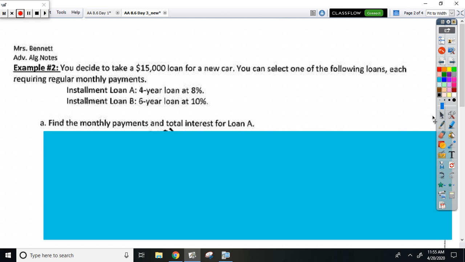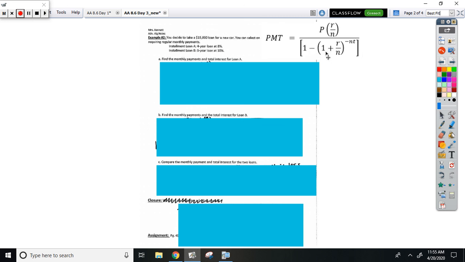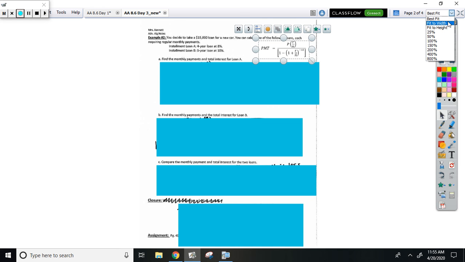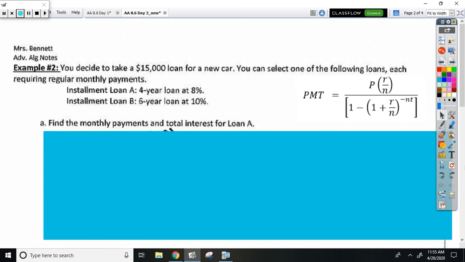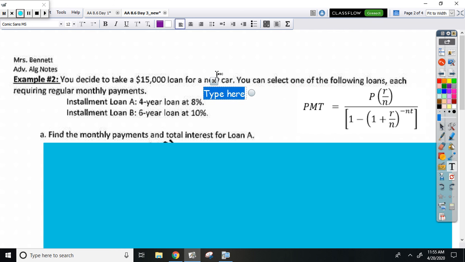So again, we're going to use our monthly PMT formula for this one, which I have right over here. Okay, now in this case we do have P acting as 15,000.